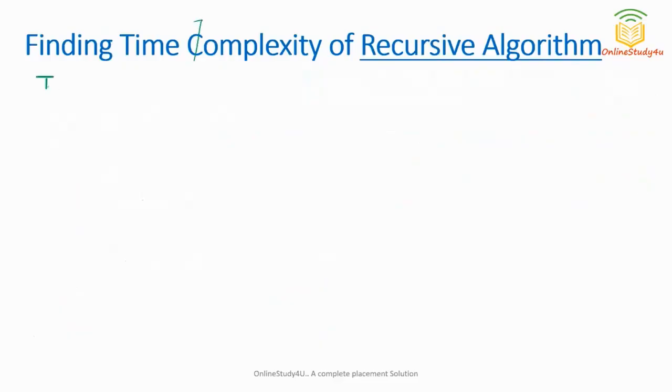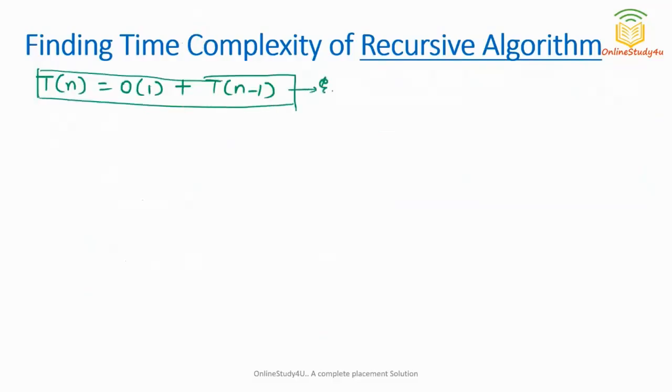So we have obtained T of n is equal to big O of 1 plus T of n minus 1. This is our equation 1.